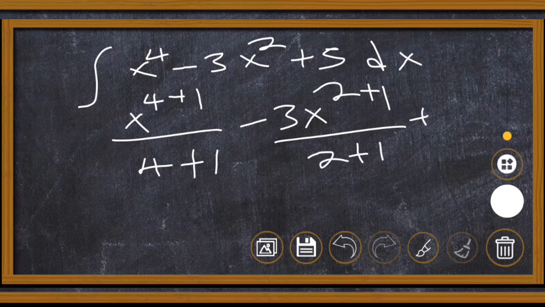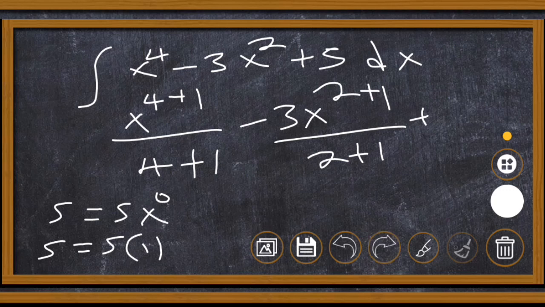Then we know that any constant number which does not have a variable is the same as it has a variable of x raised to power 0. So 5 is the same as 5x power 0, because we know that any variable raised to power 0 is simply 1. So where we have x power 0, it's the same as 1.